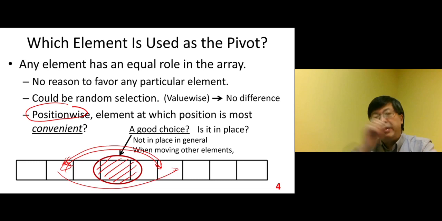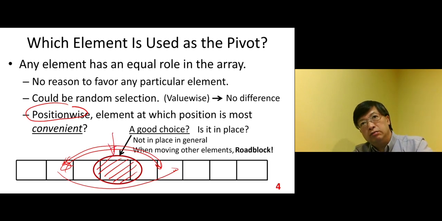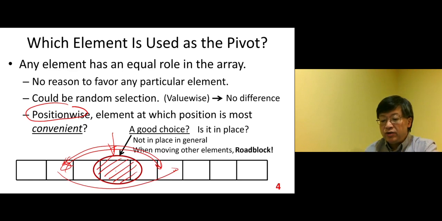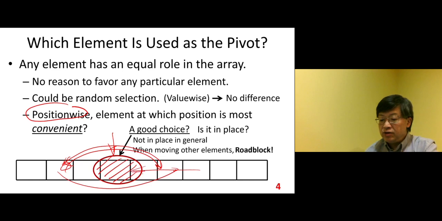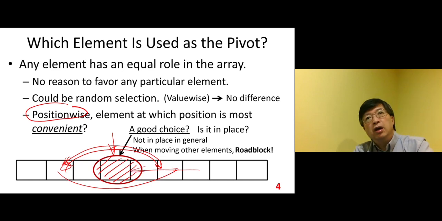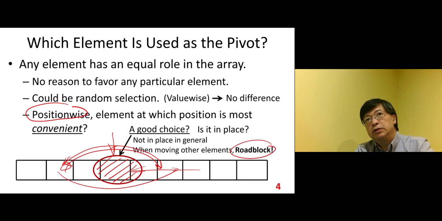Move elements around. But when we do that, this element becomes a roadblock. Okay? Because when you move, you hit this one, you have to do something special. When you move from right, you hit this one, you have to do something special. So it becomes a roadblock. So that's not very convenient.